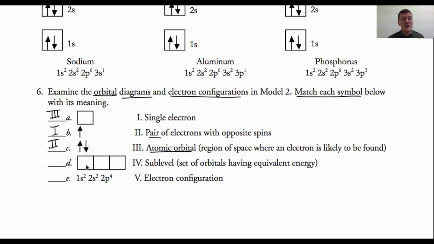You might see that later on. These boxes here are all representing orbitals that are all at the same energy level. So we're going to call those a sublevel. A set of orbitals have an equivalent energy. So that is number 4. And then electron configuration is like the manager's code. So this is your electron configuration, or the code that tells us exactly where the electrons are.